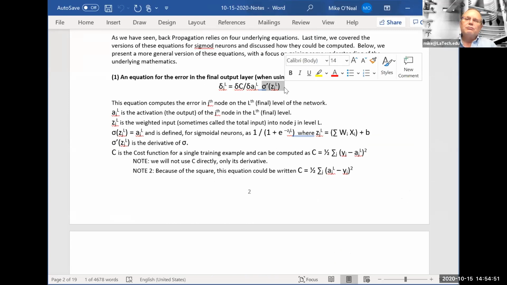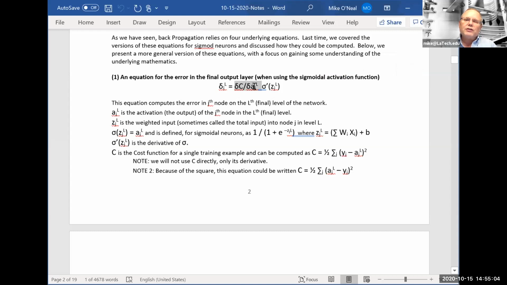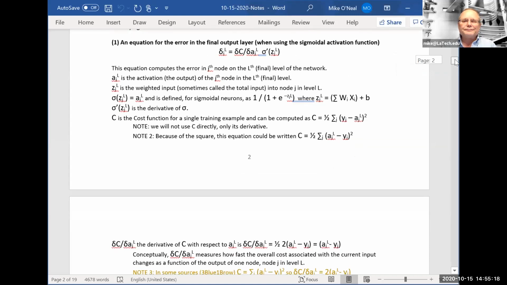Okay, so the derivative of the sigmoid function should come out to be the output of the sigmoid times 1 minus the output of the sigmoid. Okay, and these two parts, the derivative of the cost function with respect to the output and the derivative of the sigmoid, together give you the bias gradient for that node. Okay.